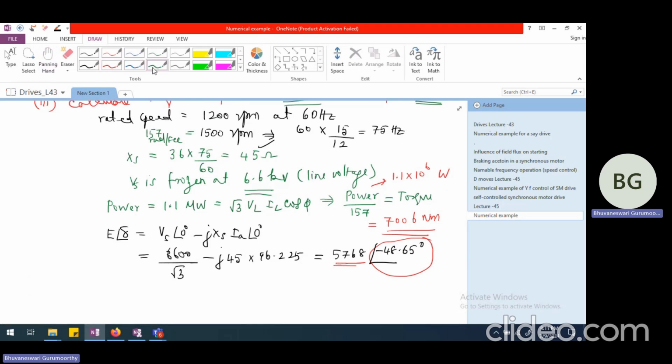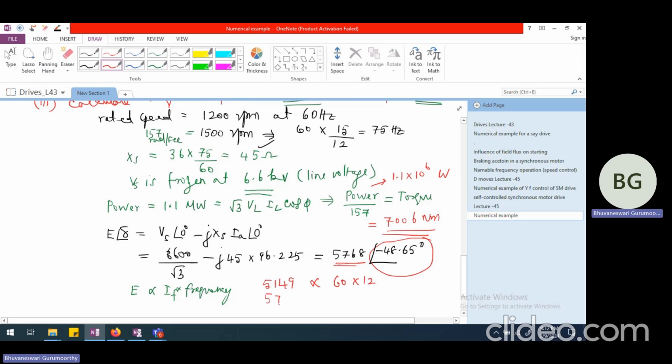So the new value of delta electrical is this, and this is the new value of excitation voltage. But we also know E is proportional to IF and frequency. Originally our excitation voltage was 5149, which was proportional to 60 hertz and 12 ampere of field current.